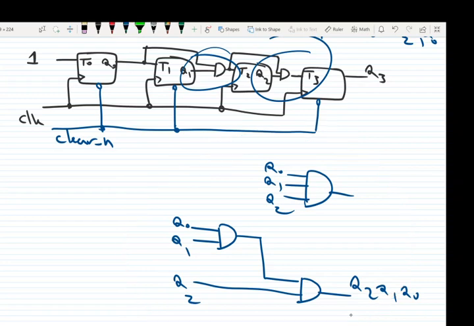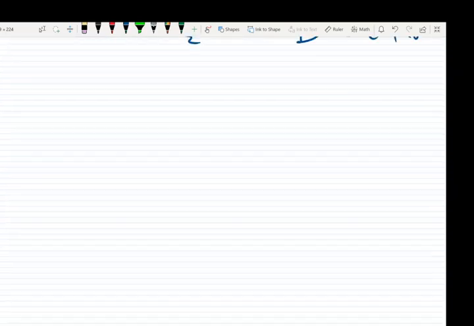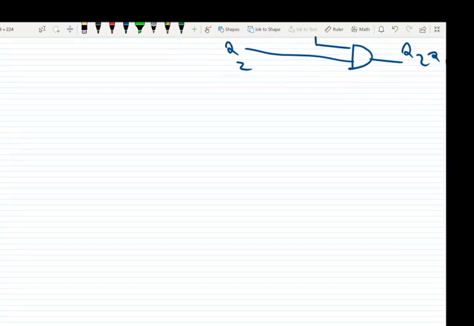Okay, and if we show the timing diagram of this 4-bit counter, we will have this timing diagram. Let me just show you a timing diagram for the counter. So the clock.